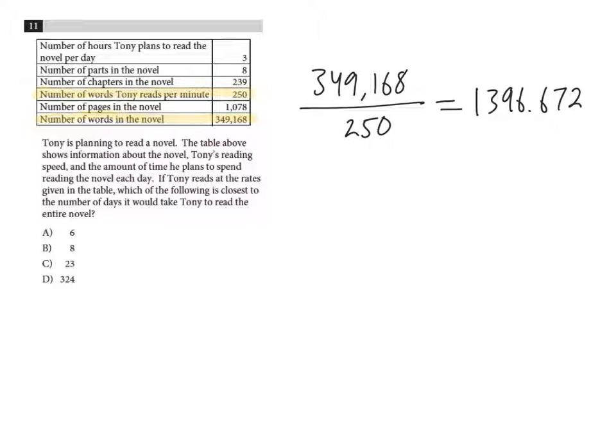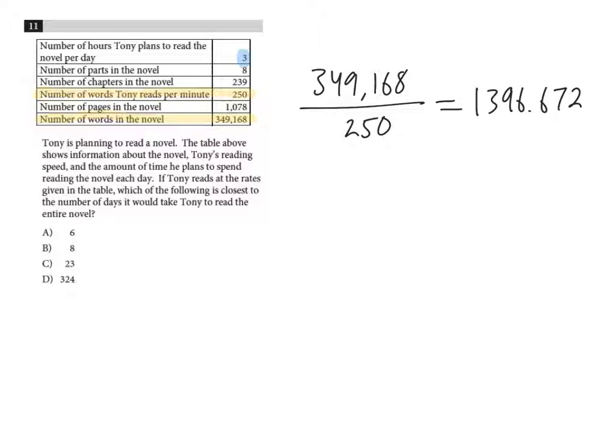So now we have the number of minutes. But we're not really looking for that. We're looking for the number of days. But what's significant here is that he only plans to read 3 hours a day. So if we could figure out the number of hours, then we could figure out the number of days pretty easily.